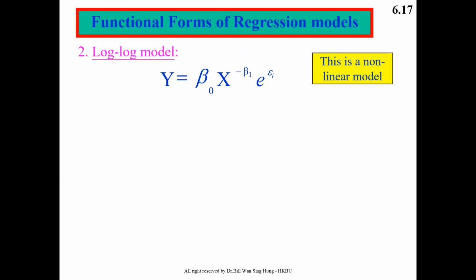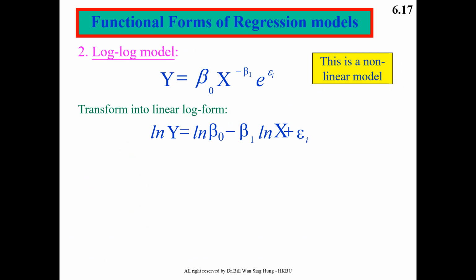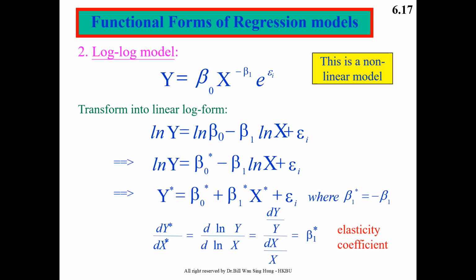In the case of the log-log model, this is a non-linear model, but by transformation we can linearize it, like y is equal to beta naught x raised to the power minus beta 1 e raised to the power epsilon i, and if you take log on both sides, then this model is linear.